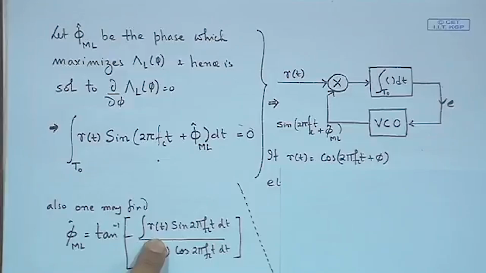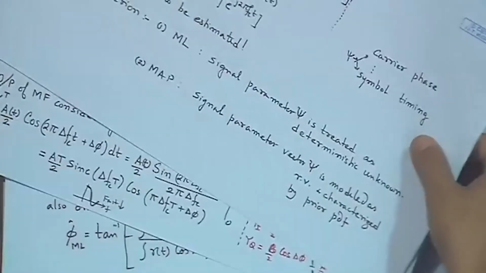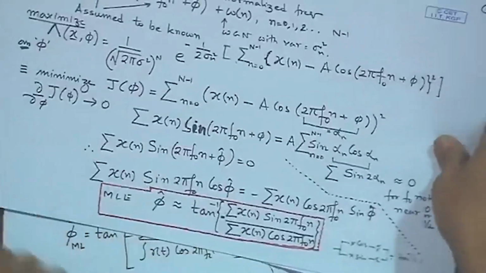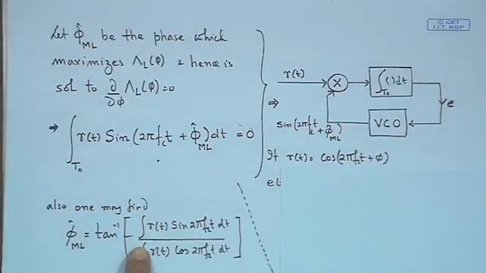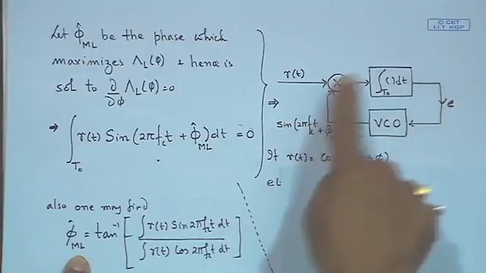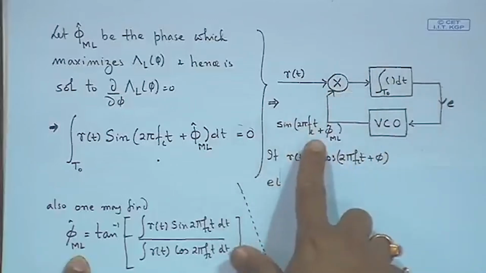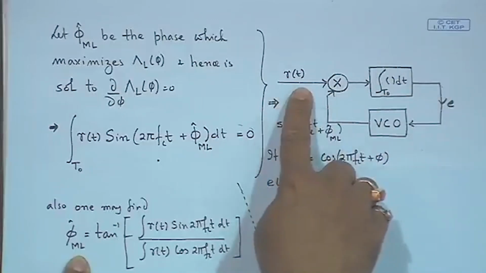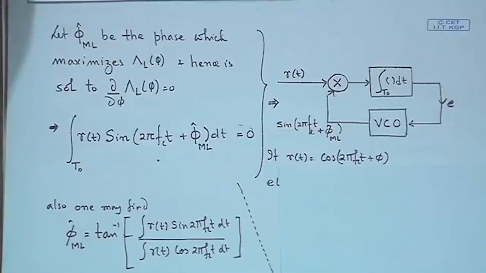So, in the earlier picture that we had referred to, the summation is replaced by an integration. So, that is what you have over here. So, you could get a single shot estimation of the carrier phase, whereas here through a loop you are able to continuously track the phase, right, the received signal phase. So, if the received phase changes, this will be able to track the phase again.